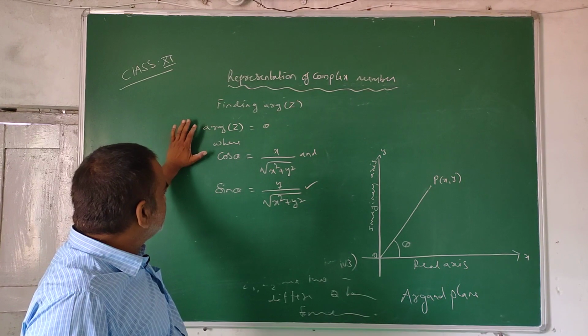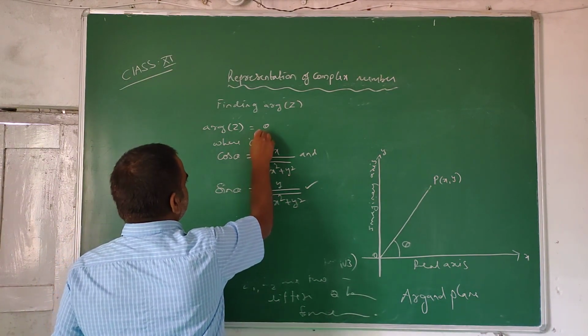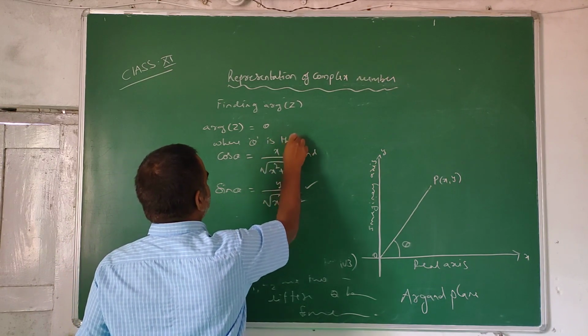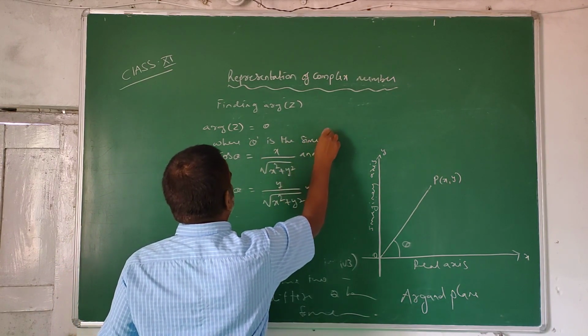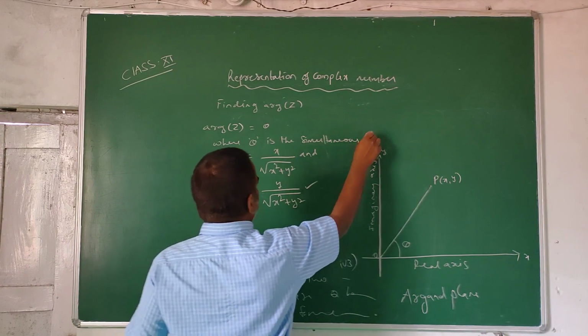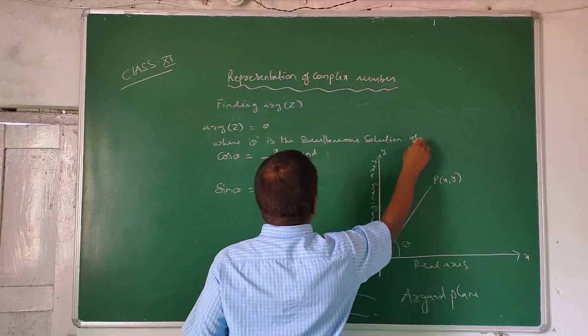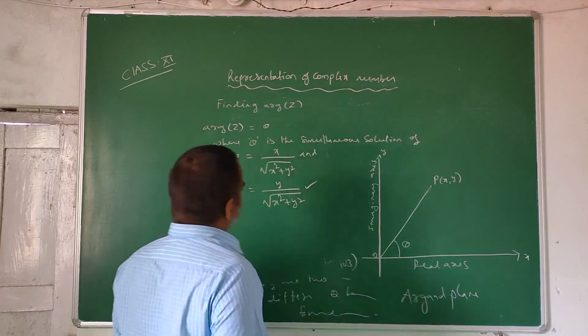Argument of z is equal to theta, where theta is the simultaneous solution of these two equations, this and this.